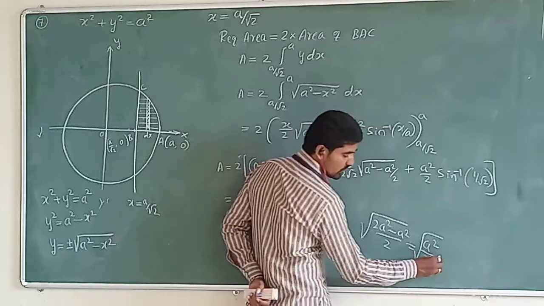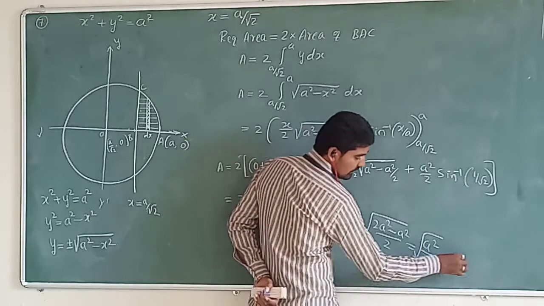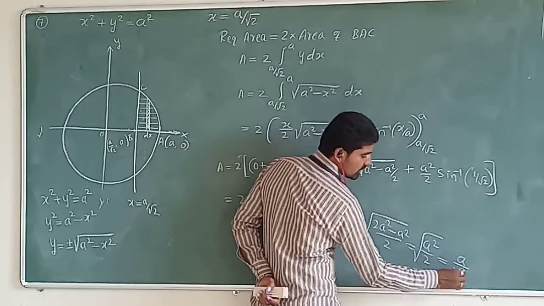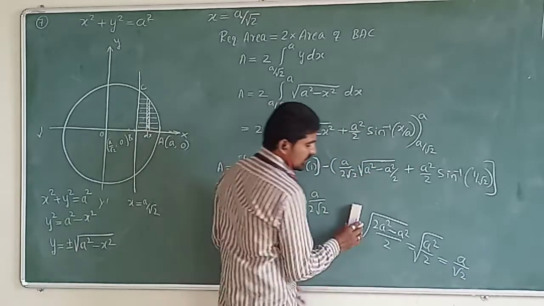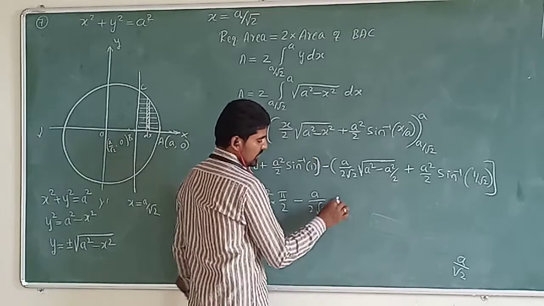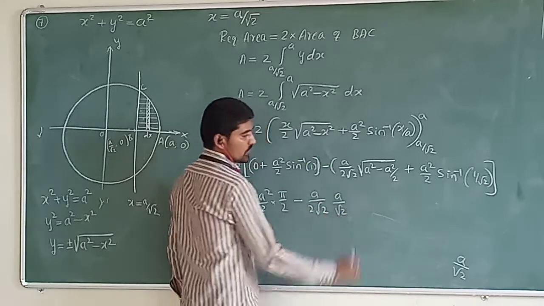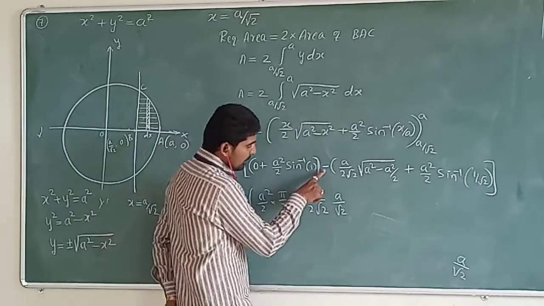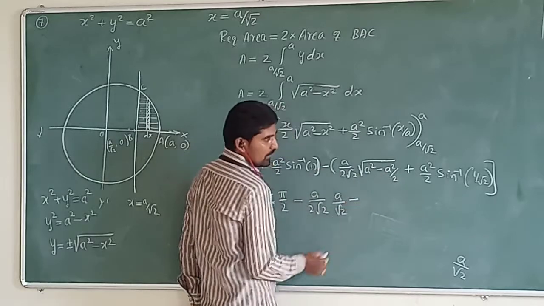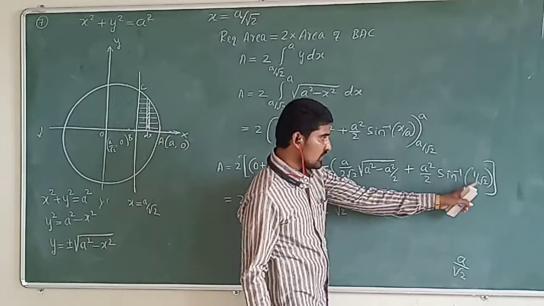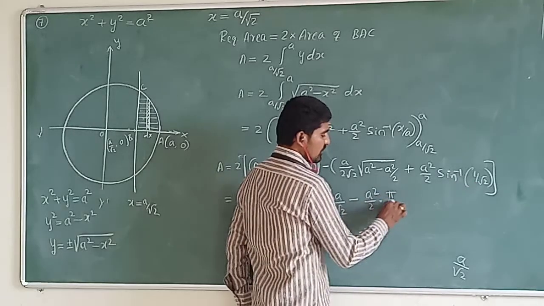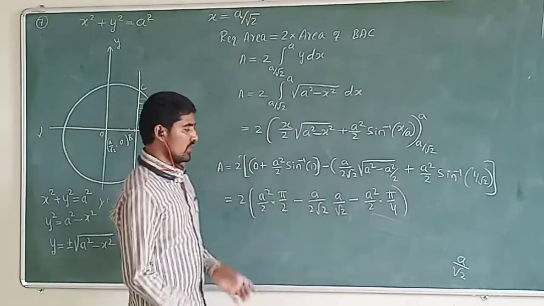Square root of a square by 2 is a divided by root 2. So therefore square root of a square minus a square by 2 is equal to a by root 2. I hope all of you understand. Minus, into plus, a square by 2 into the value of sin inverse 1 by root 2, which is equal to pi by 4. I hope all of you understand.